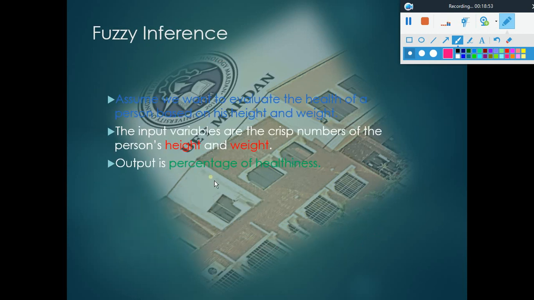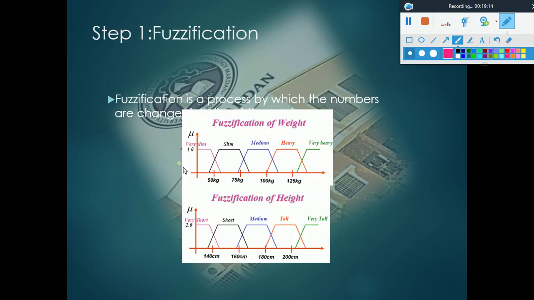Fuzzy inference. Now assume we want to evaluate the health of a person based on his height and weight. The input variables are the crisp numbers of the person's height and weight. Output is the percentage of healthiness. For example, we have these functions: one function is weight, the other is height.